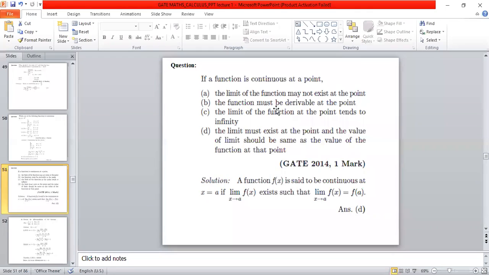The derivative condition is not at all a requirement of a continuous function. Next, the limit of the function at the point tends to infinity. If it is infinity, it will not be continuous. So the last option: the limit must exist at the point, and the value of the limit should be the same as the value of the function at that point. Yes, this is the correct answer. So answer D.